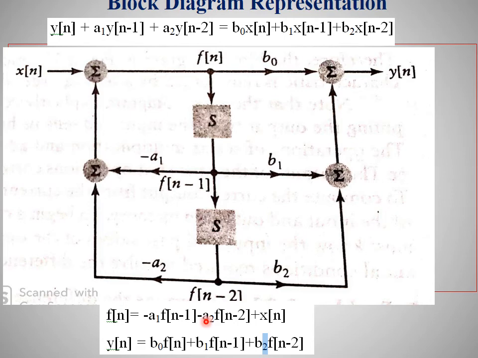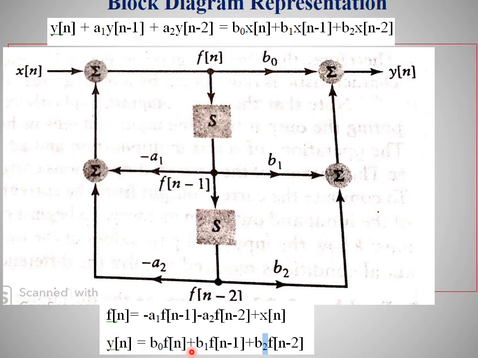So, f of n minus 1 and f of n minus 2 have been generated, which are required in the last two elements of the second equation. Next, we need to multiply them respectively with b1 and b2. So, b1 into f of n minus 1 has been generated at this stage, and b2 into f of n minus 2 has been generated at this stage. Similarly, here b0 into f of n is also generated.